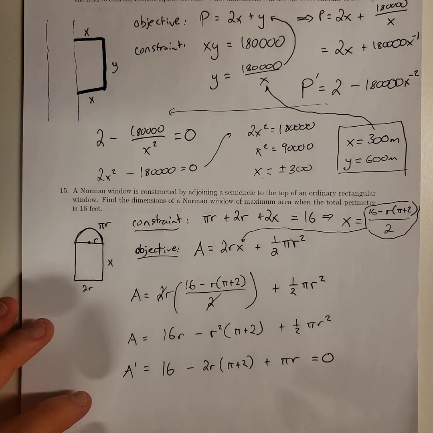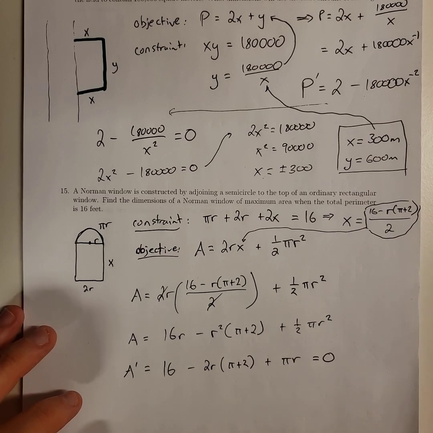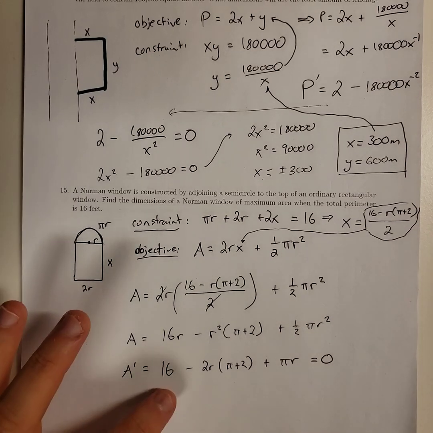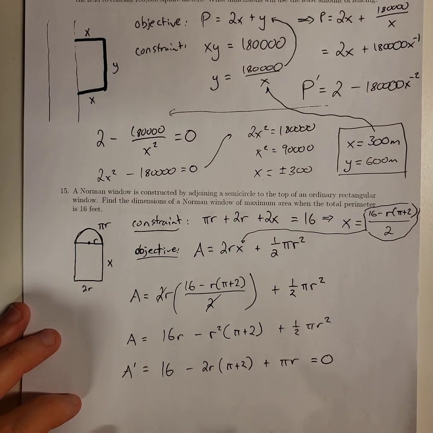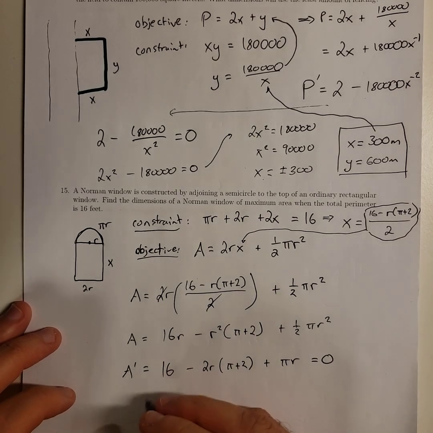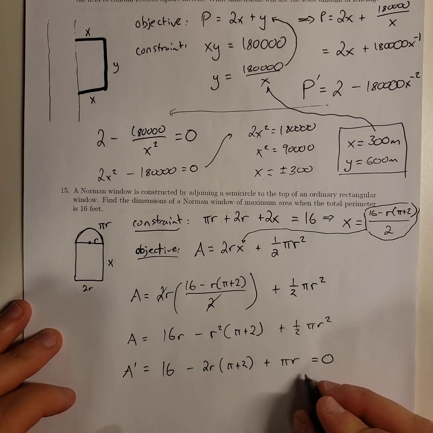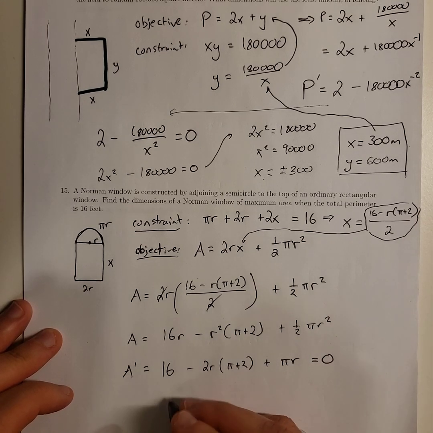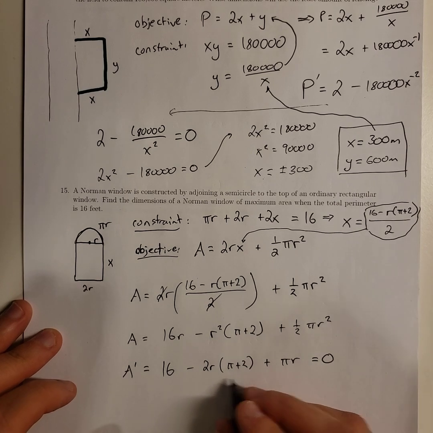Looks like I made a mistake in my notes, so I'll have to calculate this a little bit over. I had the 16 gone for some reason. But yeah, 16 should still be there. So we want r by itself. We could factor out the r from these two and move this 16 over. Actually, let's move these two over.